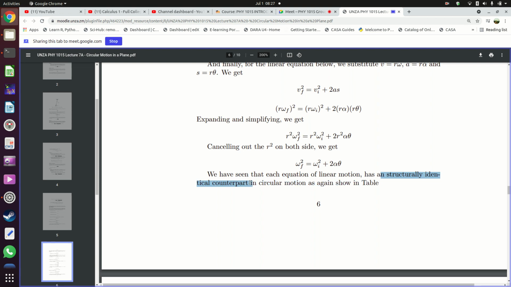You can get the other equations by just substituting what is displacement in circular motion, angular displacement, what is velocity in circular motion, angular velocity, what is acceleration in circular motion, that gives you your angular acceleration. So by making these substitutions, you can get the other things.